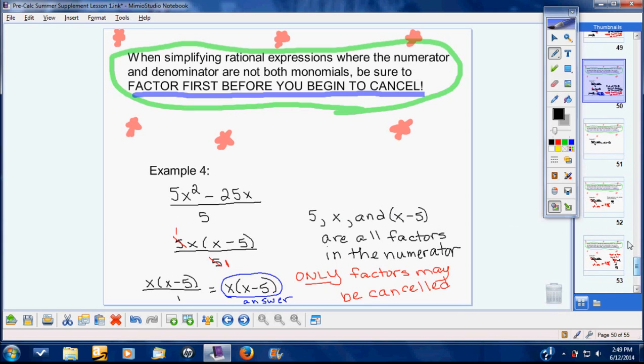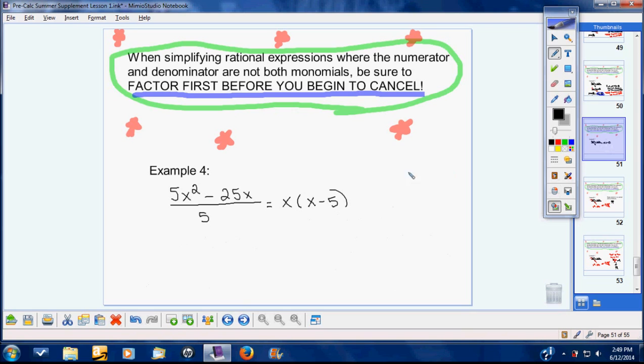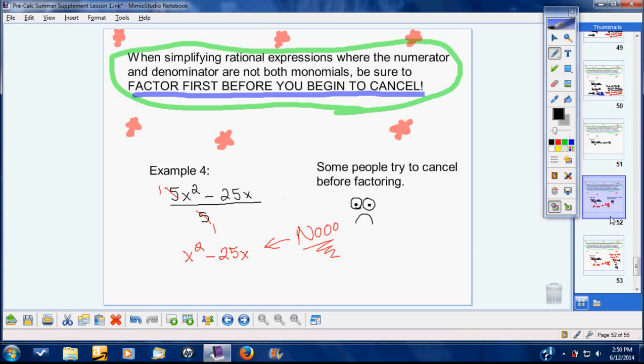Now, I told you I was making a big deal about this whole factoring and canceling thing. So let's look at how not to do it. Okay, we know that this is the real answer. We just did the work on that. But what I had seen some of you do gives a completely wrong answer. Some people try to cancel before factoring.